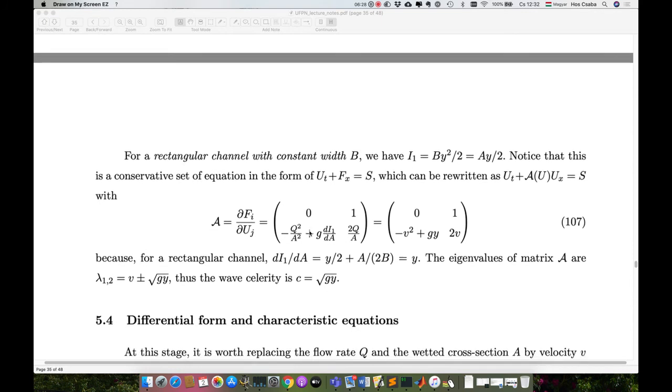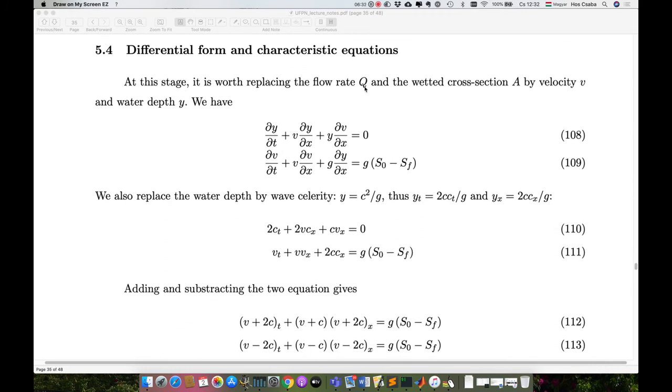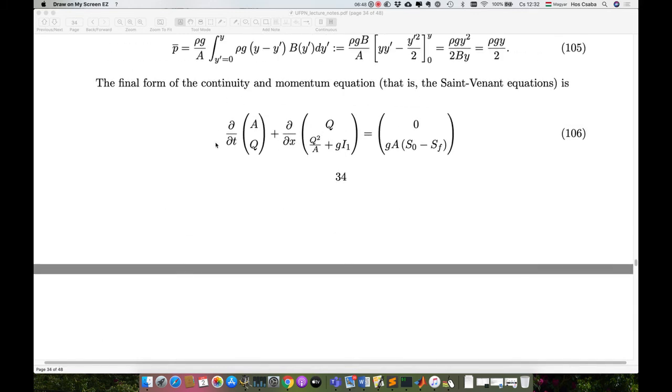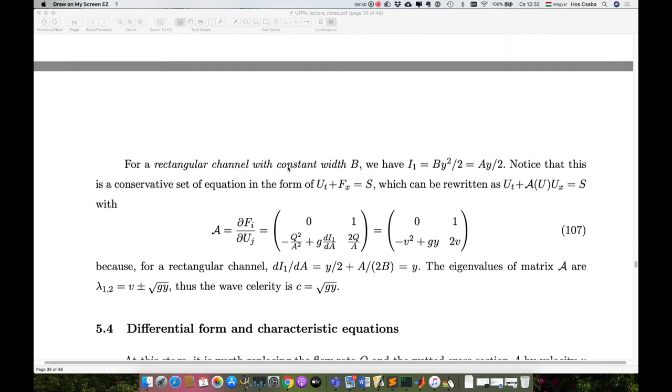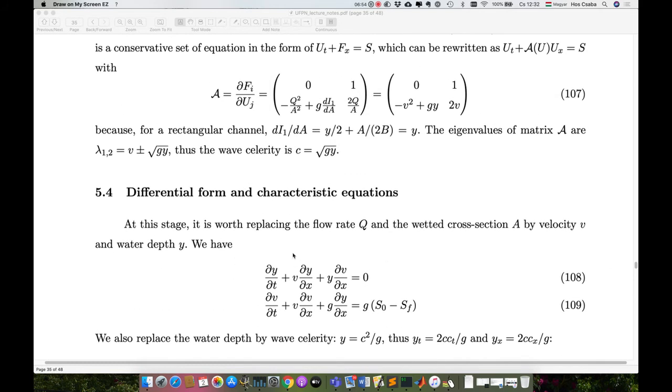But now let's see the same problem as characteristic equations. Again, I'm not giving here the details of the computation, but it's a rather straightforward calculation that for a rectangular channel of constant width b, the Saint-Venant equations can be rewritten in a differential form like this.